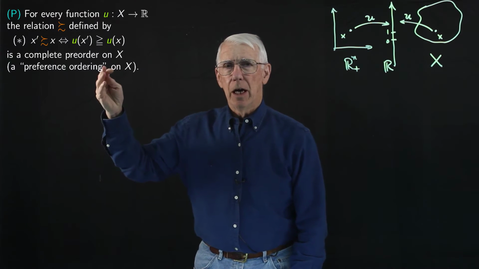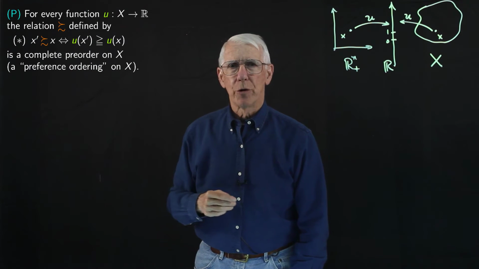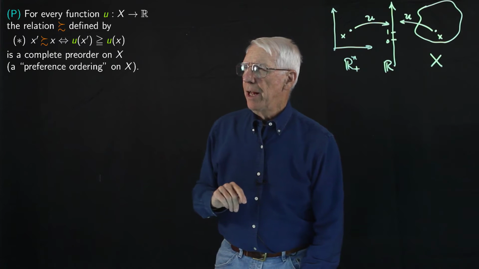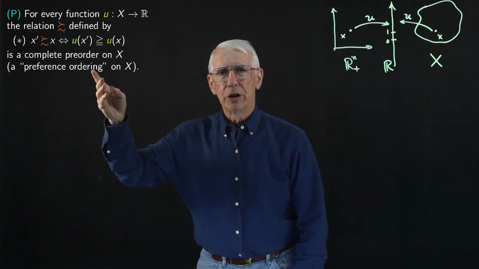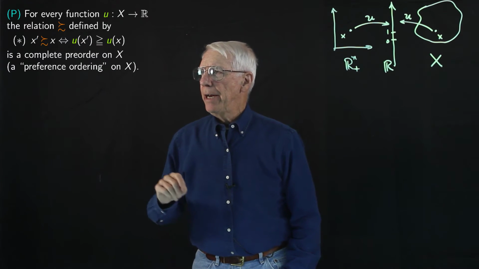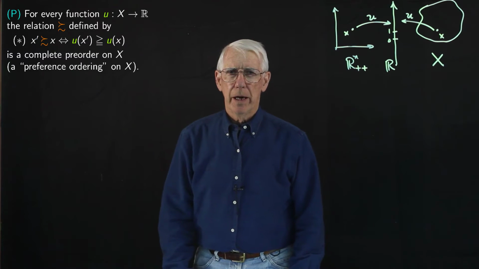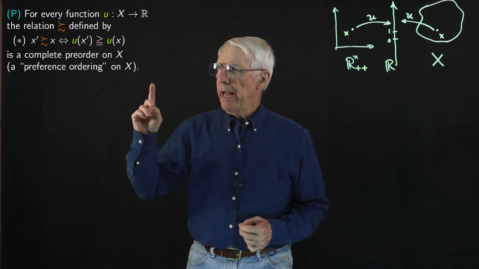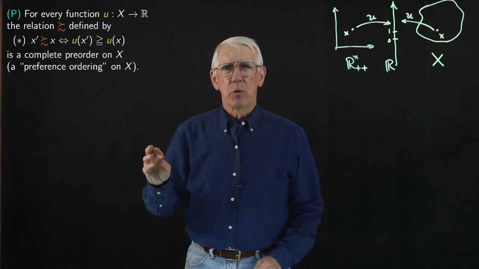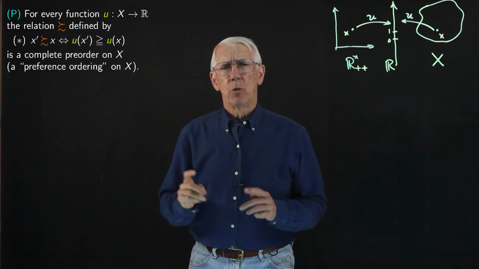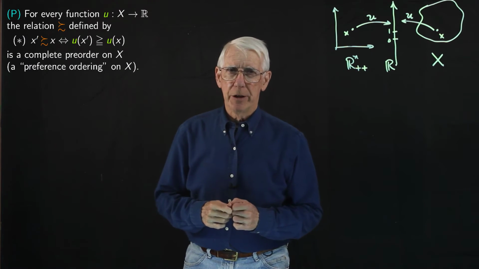I'll call this preorder either a complete preorder on the one hand or a preference ordering on the other. You'll notice that I've written the utility function in green here, and the preference symbol in orange. That's because I want to emphasize that these are the two different criteria we're going to analyze in today's lecture, and we're going to be analyzing the relationship between them.